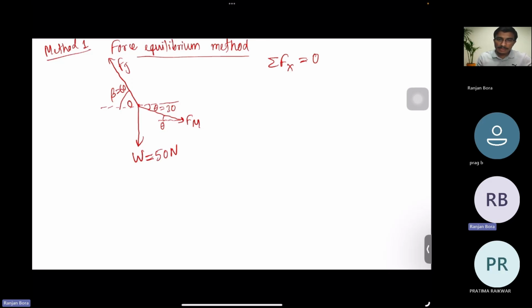In that case, we say that the body is in equilibrium. So this is the x direction and this is the y direction. Summation of Fx is 0 and summation of Fy is 0. These two are the conditions of equilibrium.